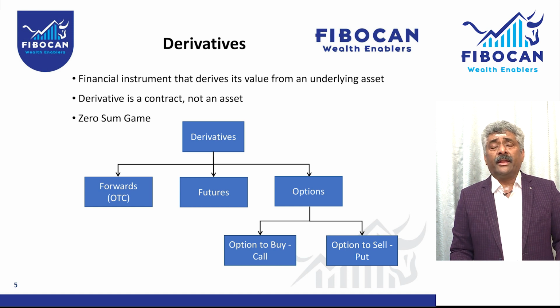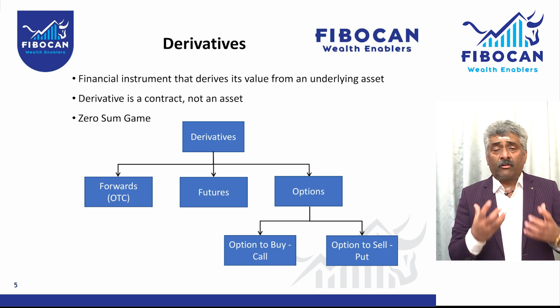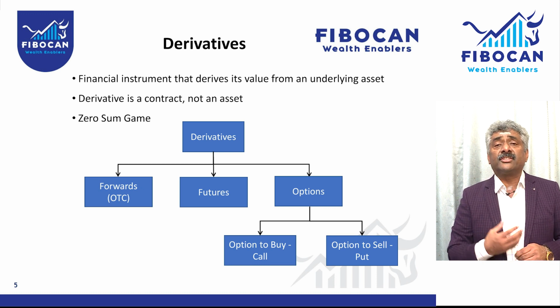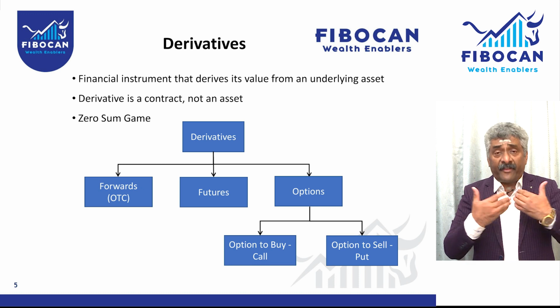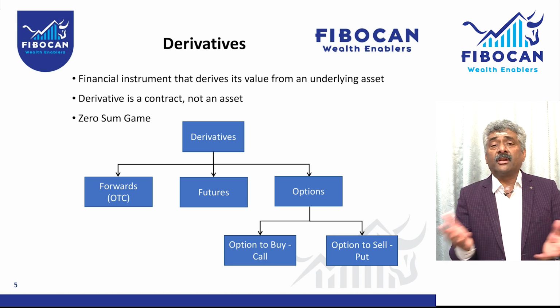Index, Nifty trading, Bank Nifty trading have the largest trading volumes. But most people, I am not saying everyone, but a large majority, don't understand that derivatives is a zero sum game. That means if I win, somebody loses. If somebody wins, someone has lost.